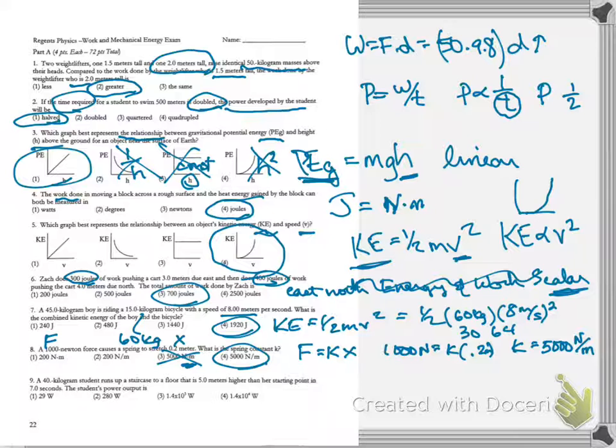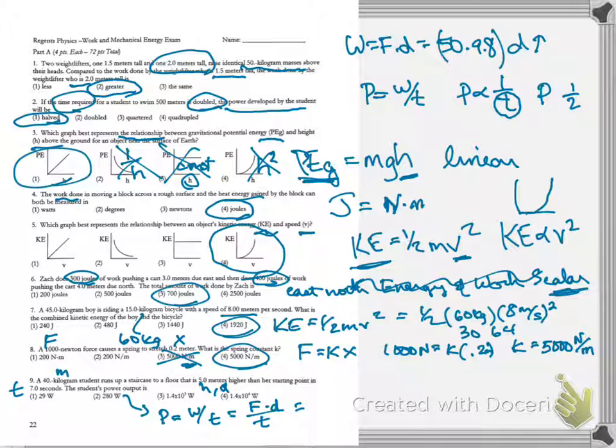Last question on this page. A 40-kilogram student, that's the mass, runs up a staircase to a floor that's 5 meters higher. That's the height, or d. Then returns to her starting point in 7 seconds. The student's power output, we did this lab. Power is work over time, which is force times distance over time.